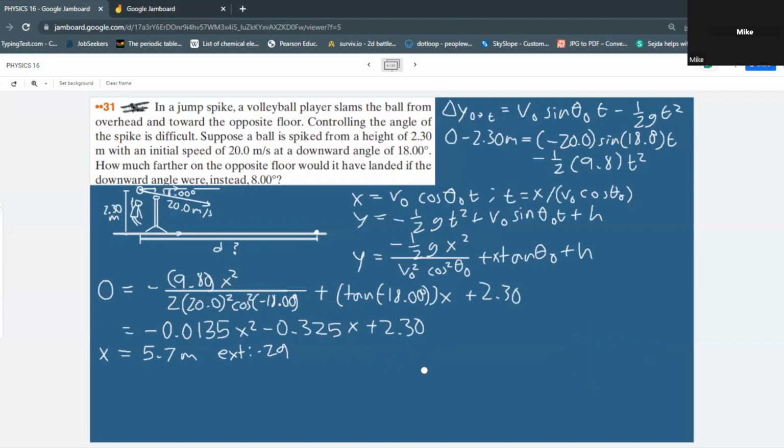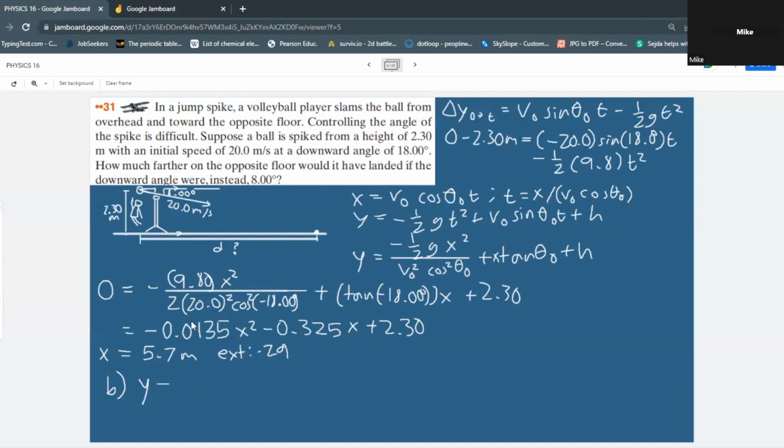Okay, so that is your distance when it is negative 18. How about when it is positive 18? It's the reverse, negative 5.71 for positive 18. Okay, what is the solution for 8 degrees? So, set up the equation.